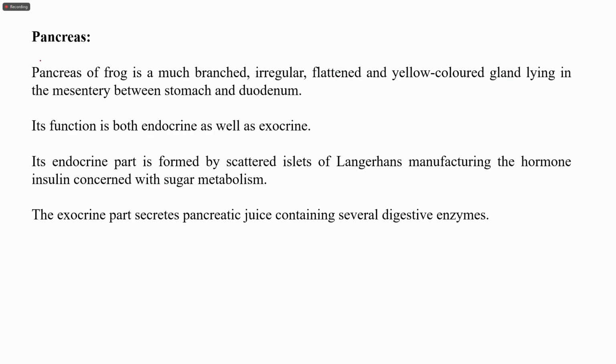The next digestive gland is the pancreas. The pancreas of a frog is a much branched, irregular, flattened, yellow colored gland lying in the mesentery between the stomach and the duodenum. It functions as both an endocrine gland and an exocrine gland. Endocrine glands secrete their products directly into the blood, while exocrine glands secrete their products into ducts.